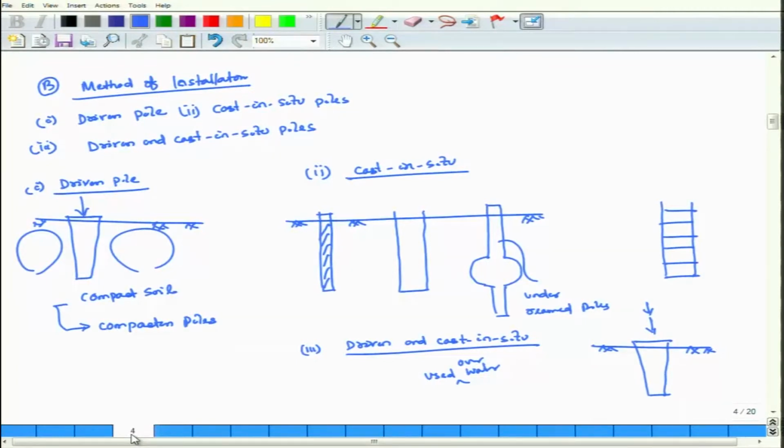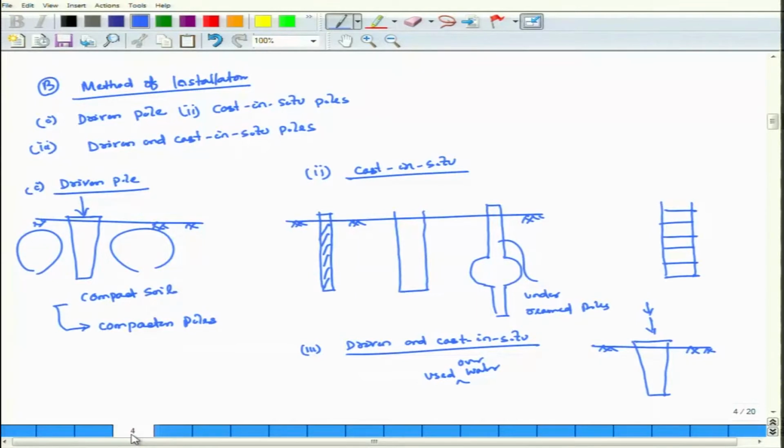Driven means the pile will be taken, then you drive it from the ground surface. Once you drive it, nearby soil also gets compacted. That is why it is called compaction piles.